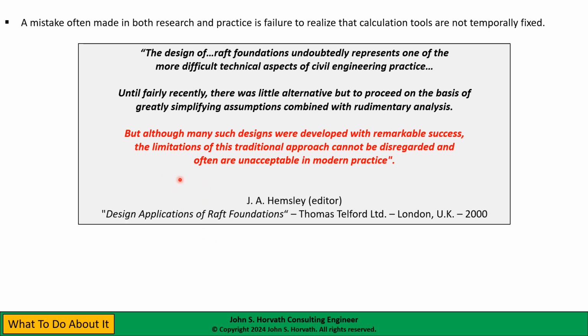And Hemsley correctly noted that certainly these old ideas in the past, the use of the Fuss-Winkler hypothesis of independent axial springs with a constant K value, had designs that had success. We can't deny that. And certainly, if we look at those two buildings I mentioned on the MIT campus that were designed based on those old-fashioned concepts, by all appearances now 60 or so years later they are still performing well.